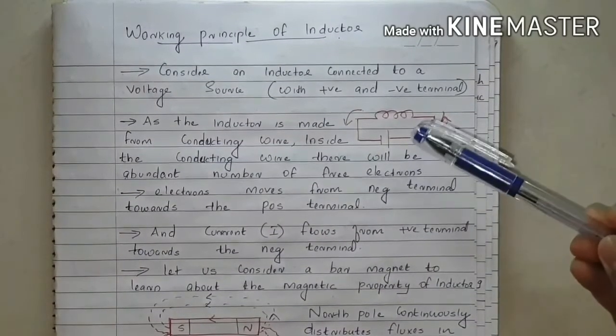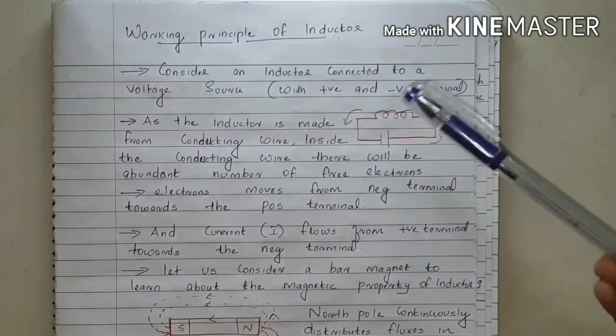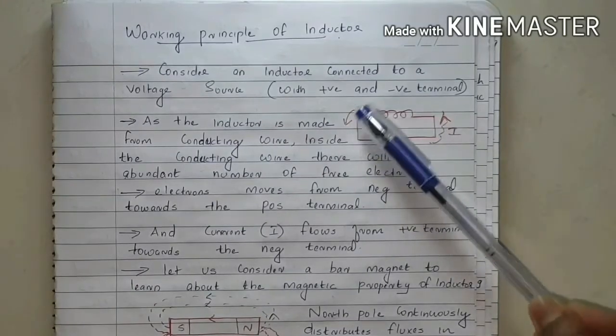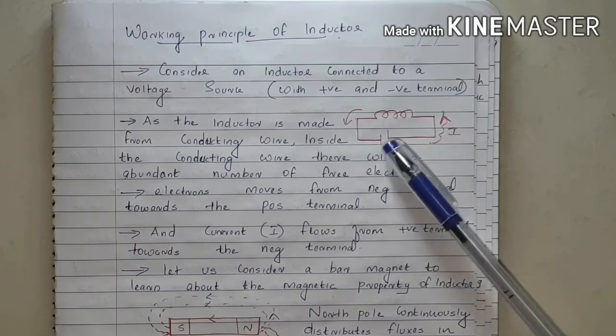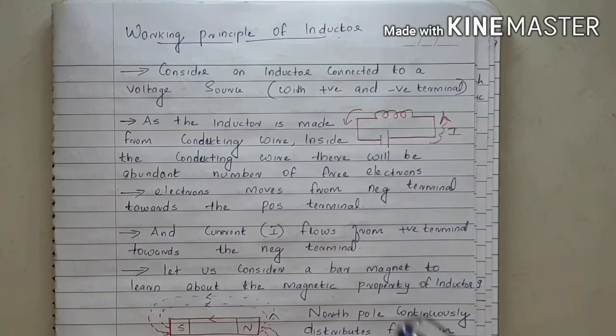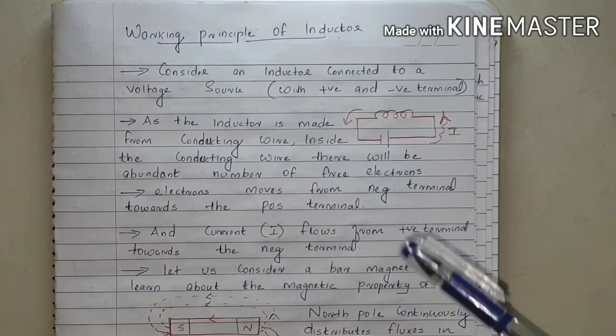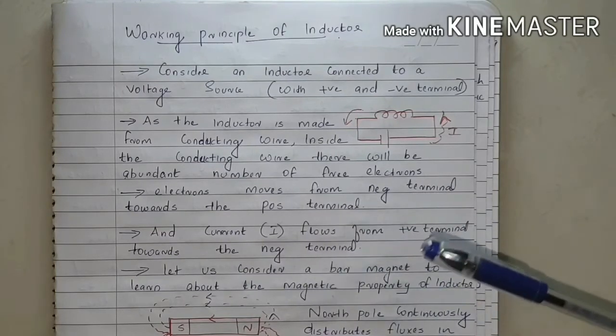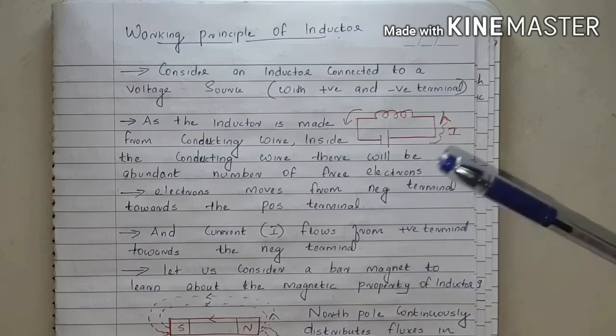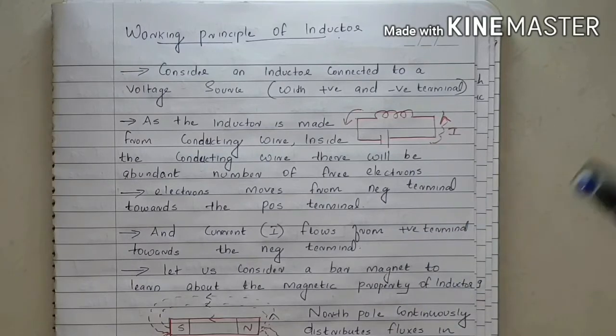Next topic is working principle of inductor. Consider an inductor connected to a voltage source with positive as well as negative terminal. As I said, inductor is made of a coil of conducting wire wound around a tube or core.